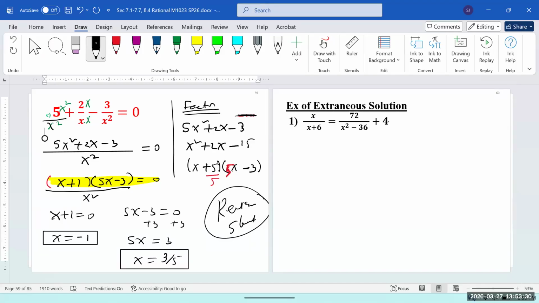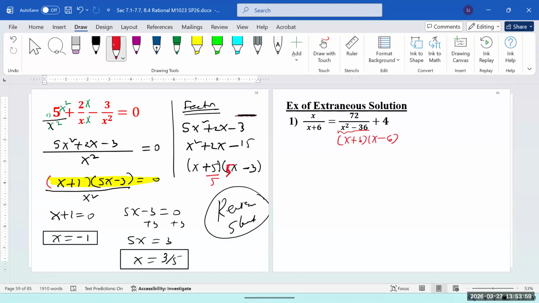They just get rid of the denominator completely because they hate the denominator. But we are going to follow the same step. What is our first step here? The first denominator is not factorable, but the second denominator is. It is factorable, so we write x plus 6, x minus 6.